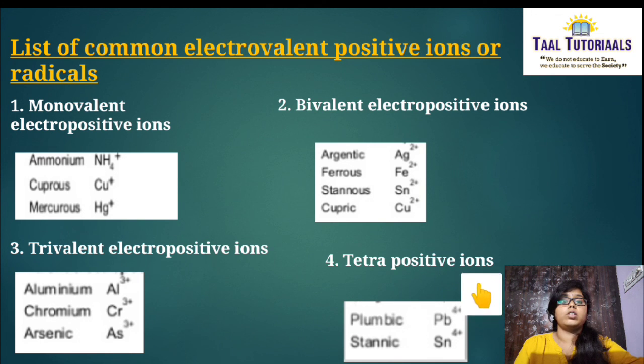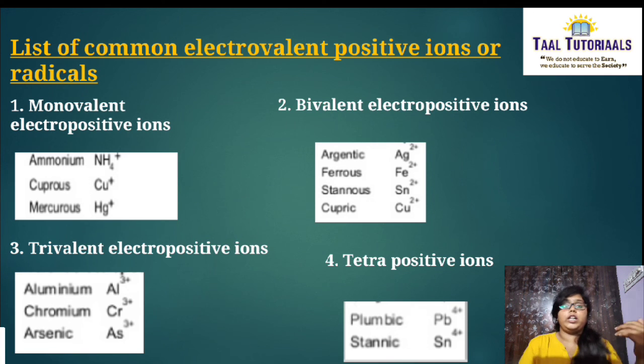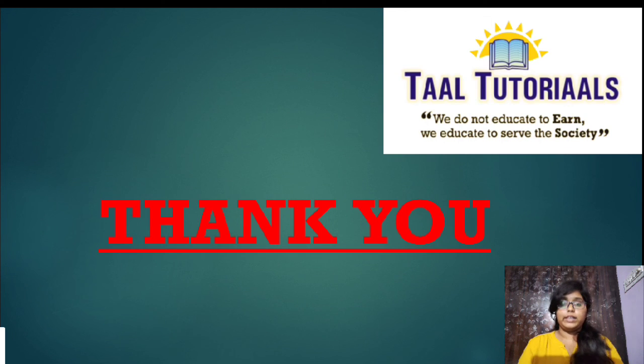Then tetrapositive ions: plumbic Pb4 plus, stannic Sn4 plus. Okay, this is about the classification of ions based on valency, that is monovalent, bivalent, trivalent and tetrapositive ions. Okay, thank you.